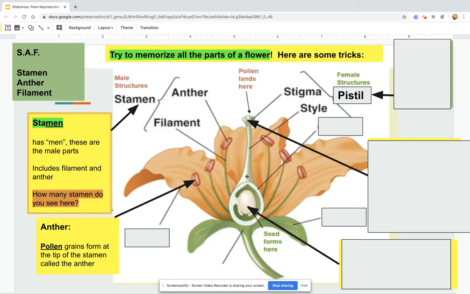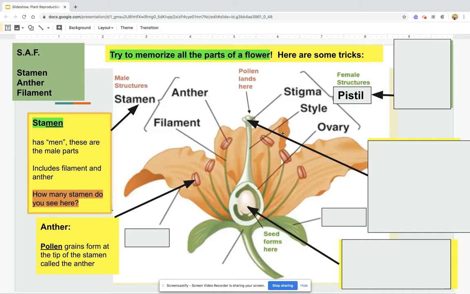This long part. And the style connects down to the ovary here. And the ovary is where the eggs are. And if the pollen tube connects, it'll bring the male genetic material down to the other half of the genetic material that the seed will need in the egg and become fertilized. And then that's where the fruit would be made, in the ovary.